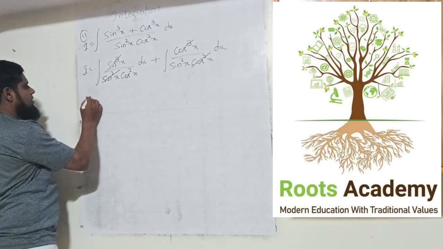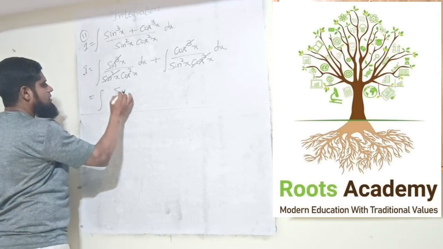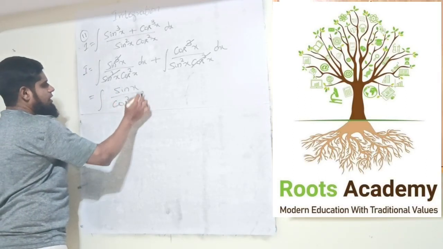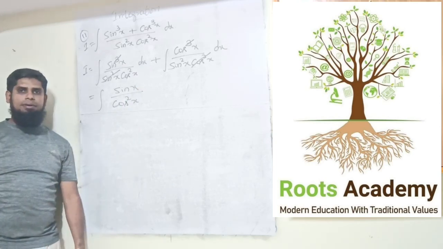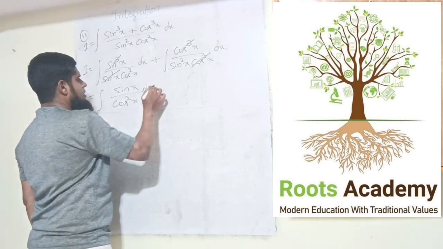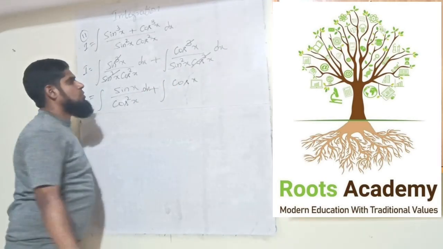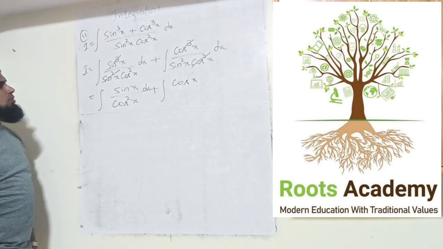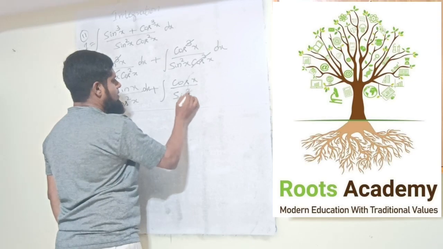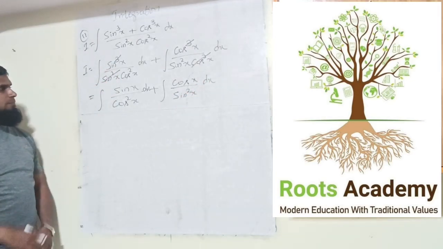Now this is equal to integration of, left out is sin x in the numerator and cos square x in the denominator, plus dx is there, integration of cos x in the numerator divided by sin square x in the denominator.